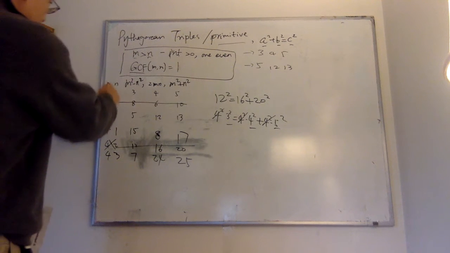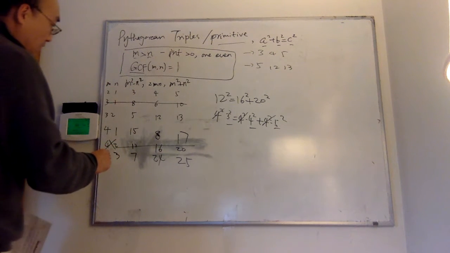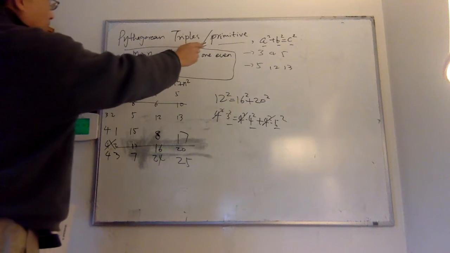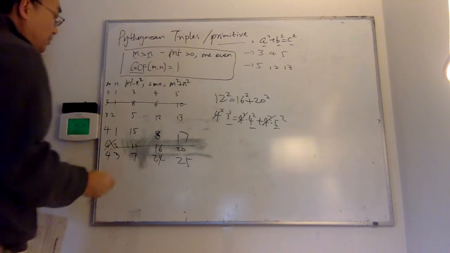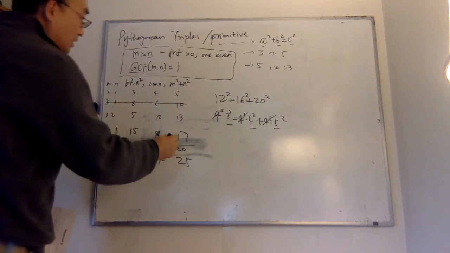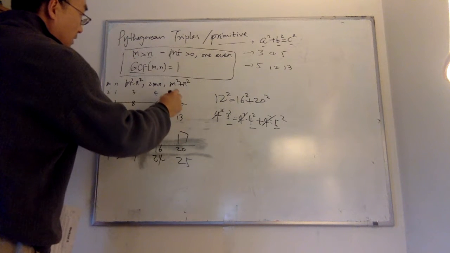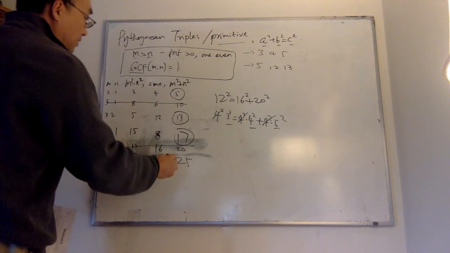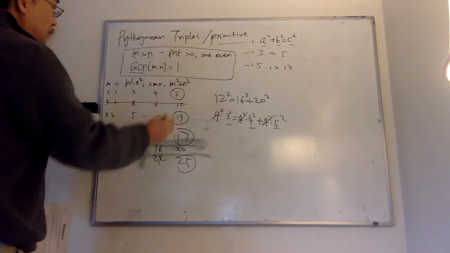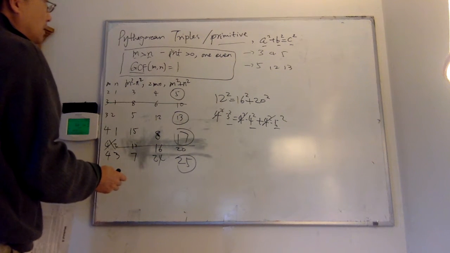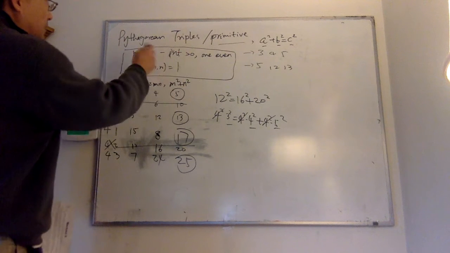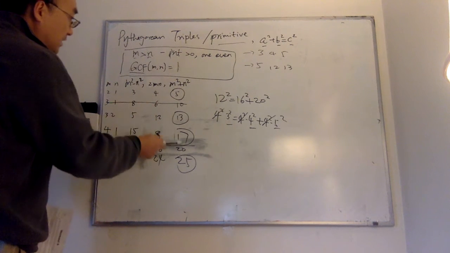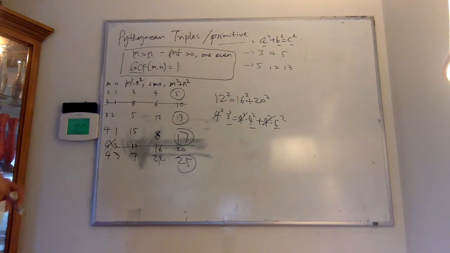So by using m and n continuously with these conditions, you can generate the list of primitive Pythagorean triples, the triples that can be formed using the Pythagorean relationship. And notice also that the largest numbers here are all odd numbers.